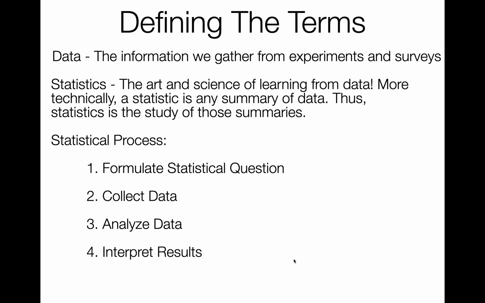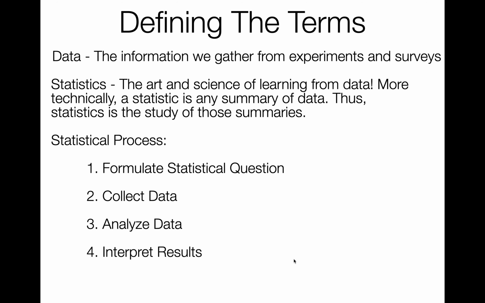Then I'd go out and collect data, the GPAs from sophomores and freshmen. Then I would analyze it, and we'll do that in many ways in this course. And lastly, I'll interpret the results. A lot of that is left for us to learn later, but this is generally how the course is going to go in these 4 steps.